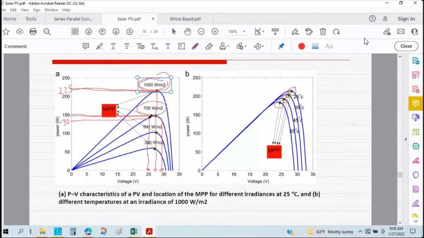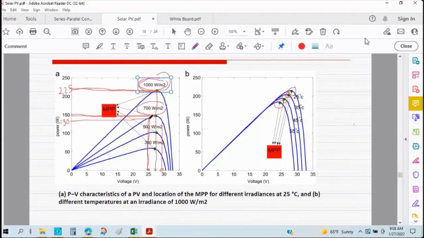If we take two variables, in that case also we can get this. We also need to track the maximum power point. If we operate the solar panels at different voltages, we won't get the maximum power.